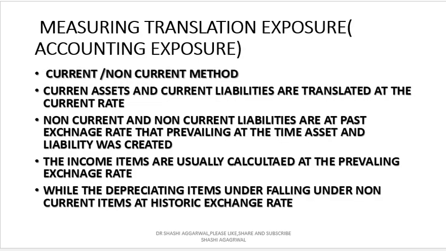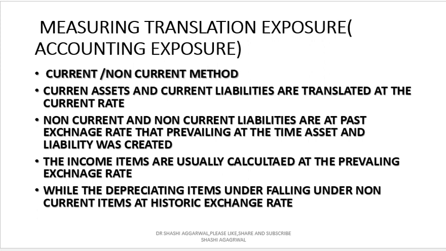How are we going to measure the translation exposure? There are various methods: current and non-current method, temporal method, current rate method, and monetary and non-monetary method. Current assets are those assets which could be converted into cash within less than 1 year. Current liabilities are those liabilities which have to be paid within less than 1 year.